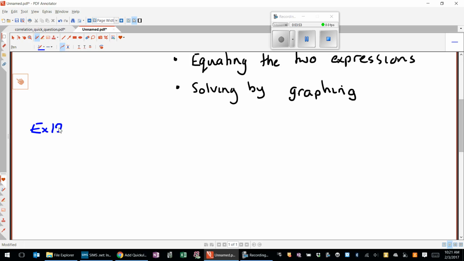Two numbers have a sum of 45 and a difference of 13. Find the two numbers. So we're going to do this by setting up simultaneous equations.